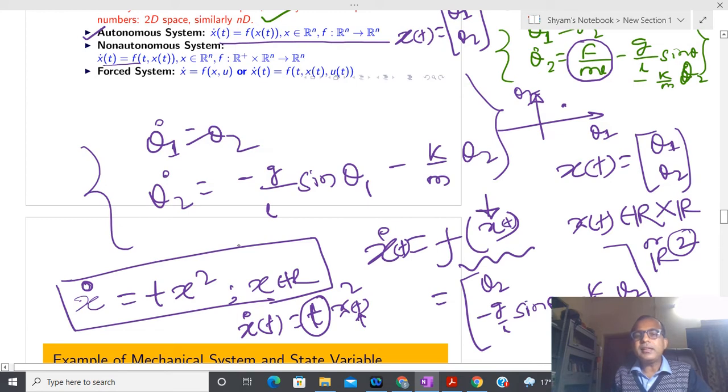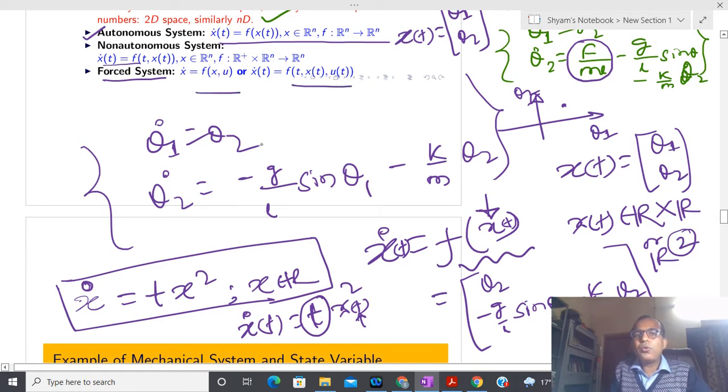Okay, and in that journey it is possible to show that the mass is also decreasing with respect to time. So the mass is changing, and for that reason you can also interpret a rocket as a non-autonomous system. The third class of system is the forced system, where a forcing function is also allowed. A forced system might be autonomous or non-autonomous.